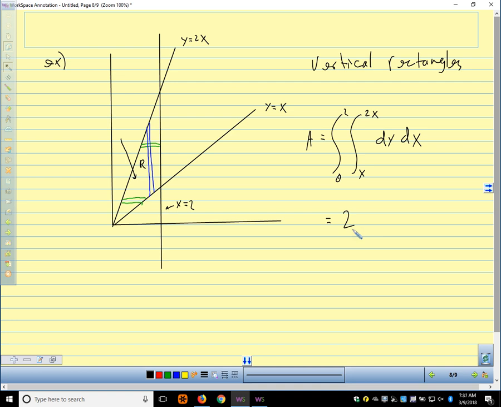Could we use this to find something that, like in the past, we had to have one side be a flat edge? Could we use this method for a square with all curvy sides? That's a very good question. In first semester, we talked about planar lamina, moments and centroids, and we had to use a lot of simplifying assumptions about where the center of mass is.